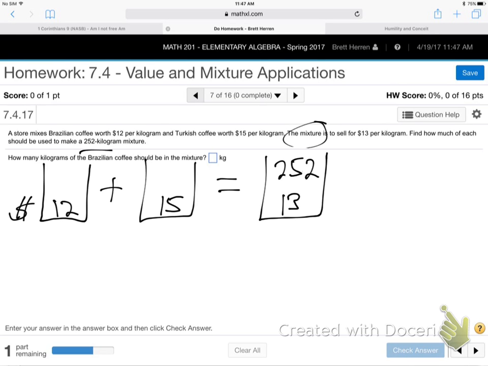X and Y. Or I guess you can call them Brazilian, maybe that'd be easier, and Turkish. Brazilian and Turkish. See, that's the same thing in the end. The money's just doing the percentage. So take it from there, solve it from there.